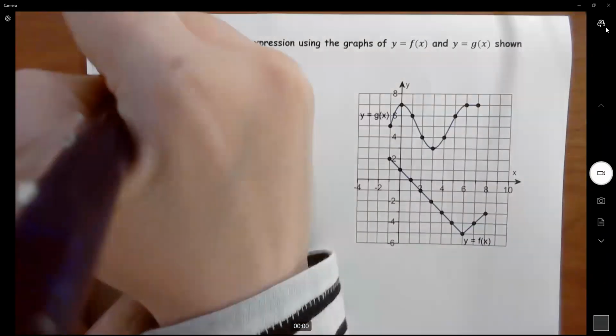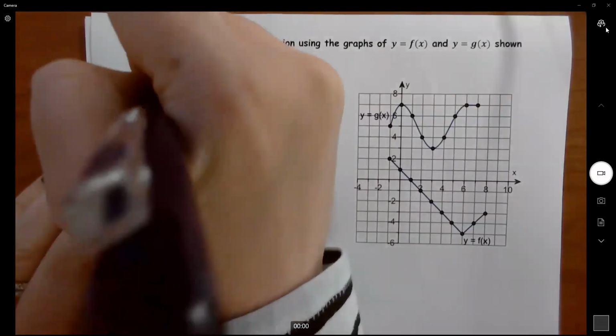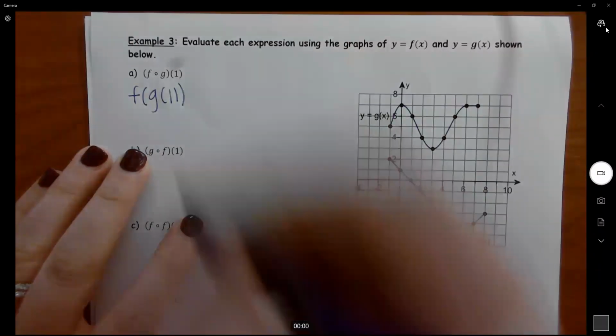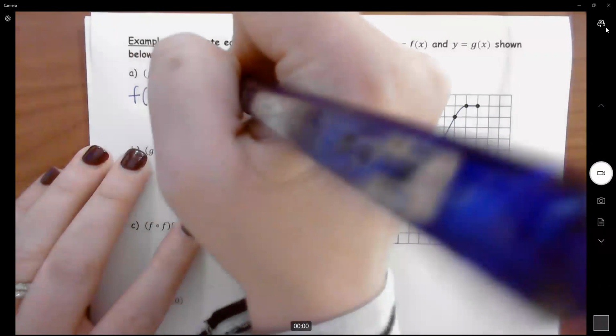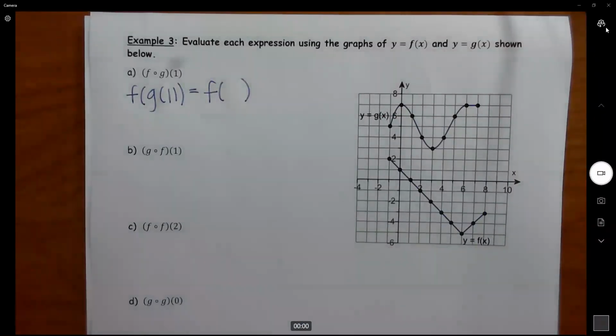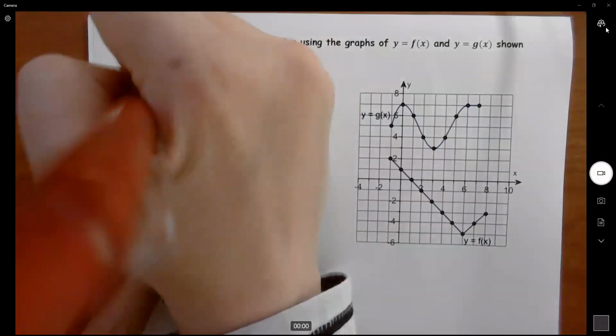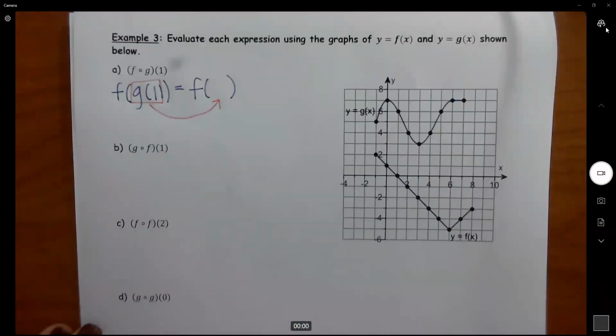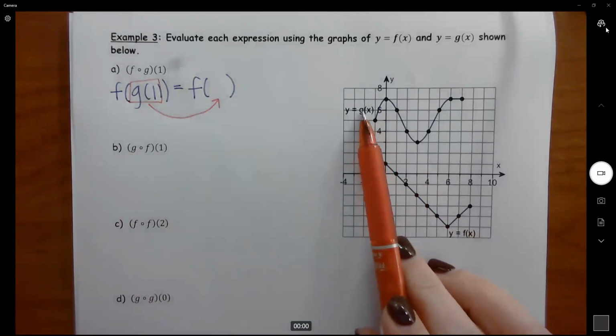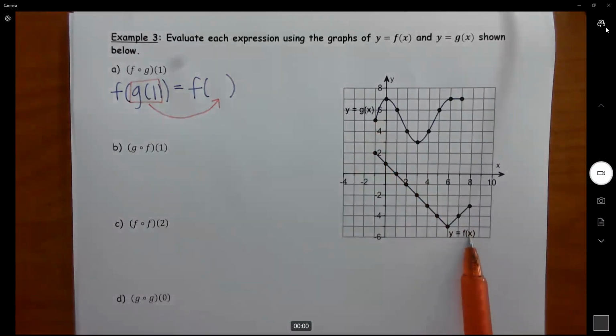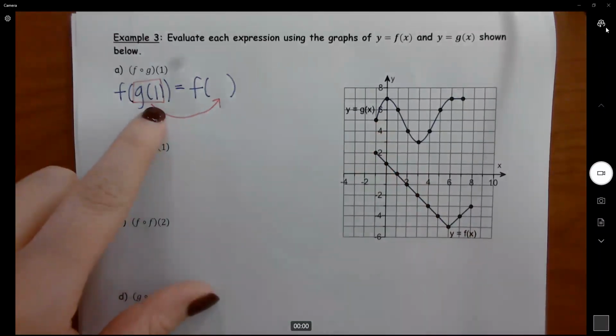So here we have f of g of 1. So here, what does g of 1 equal? And we will put that in here. Well, in my graph here, here's my g of x. Here's my f of x. Remember, this is x.